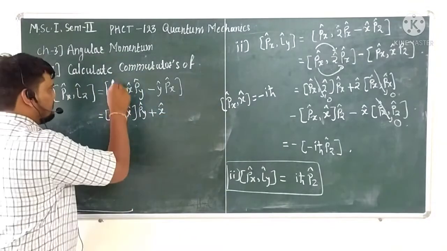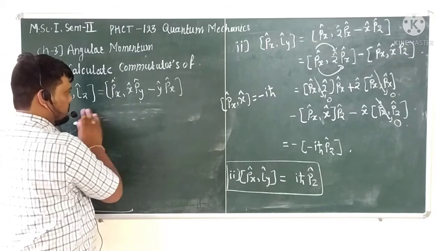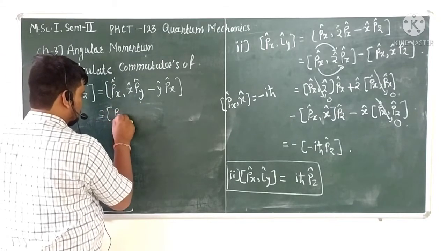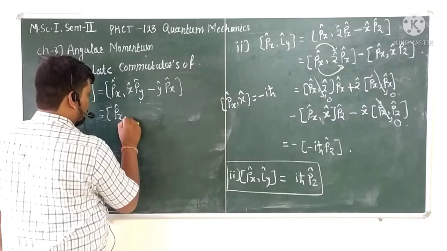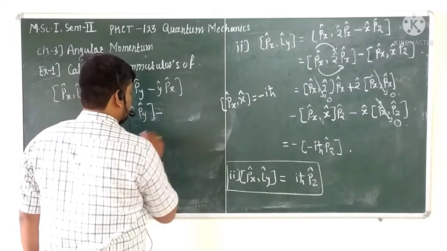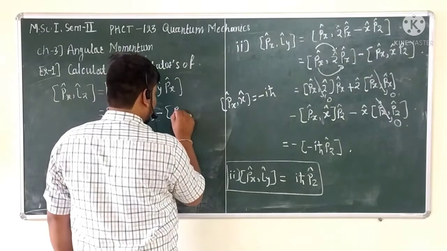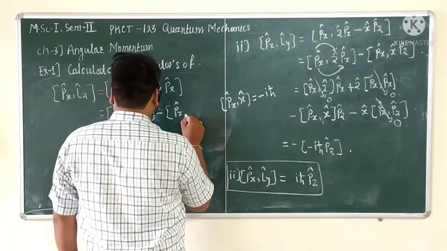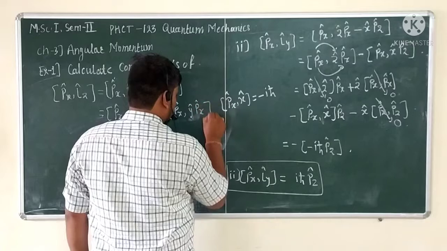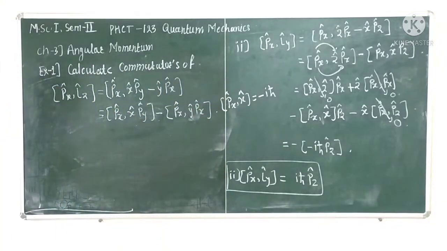So first of all we want to split it, that is [px, x] py, minus sign is there, and this [px, y px].